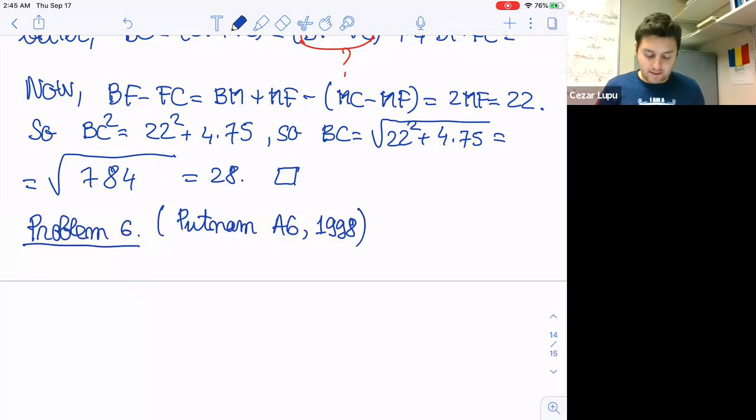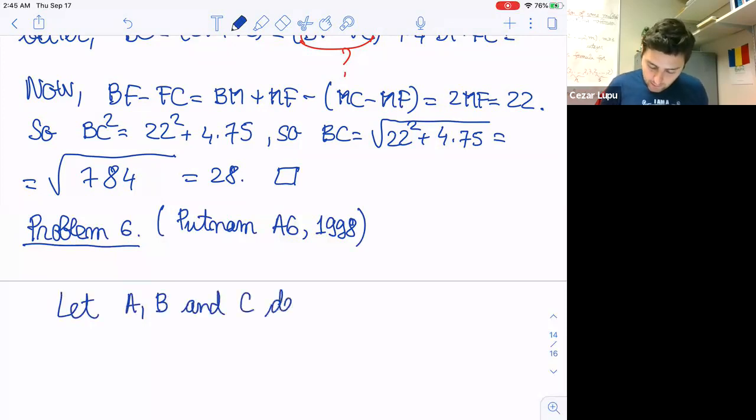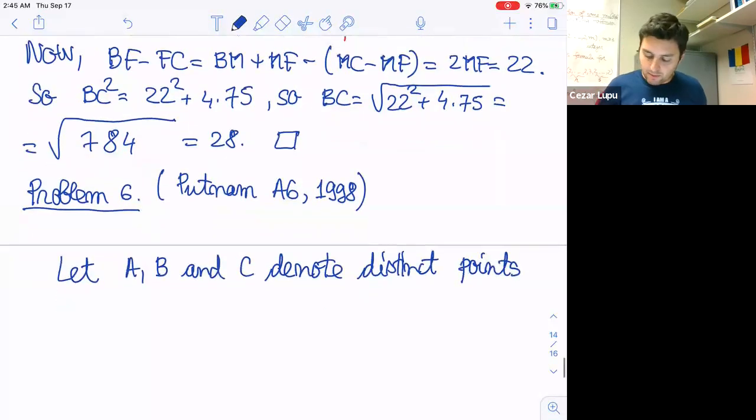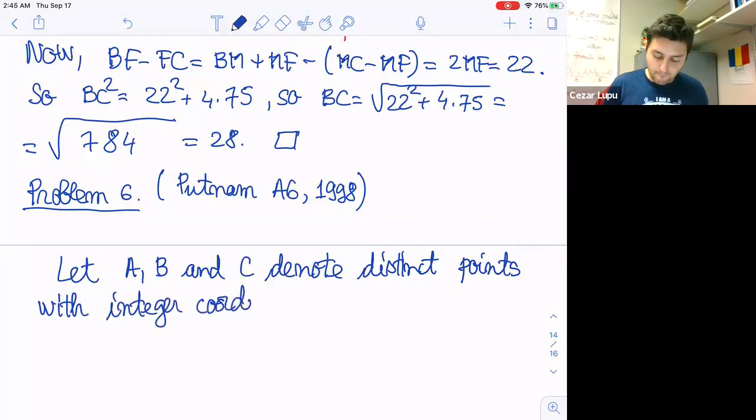It says that let A, B, C denote distinct points. So these are lattice points basically with integer coordinates in R2.